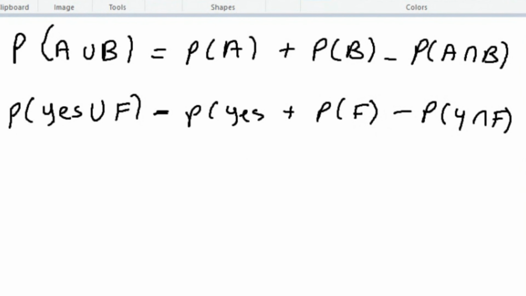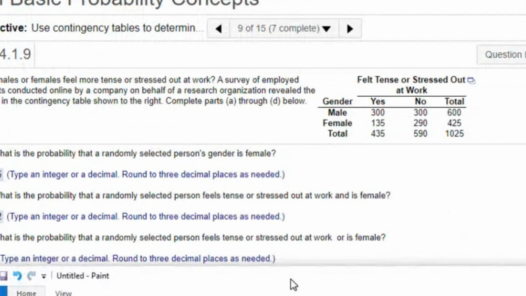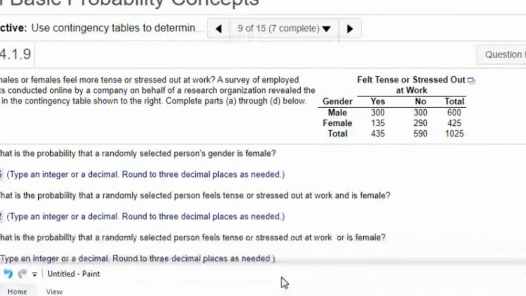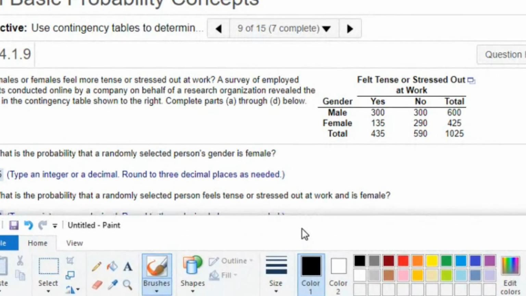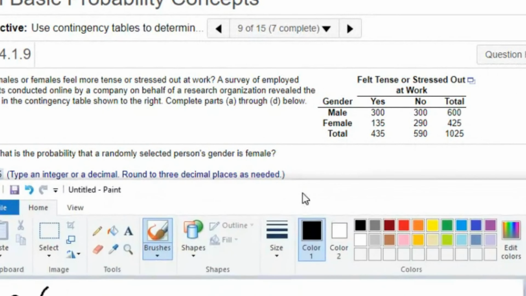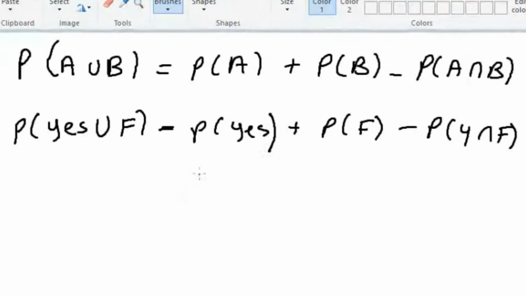So let's calculate the probability of yes stressed out. Did we calculate that already? No, so let's do that. There are 435 that said yes out of 1025. So 435 divided by 1025 is 0.424390. And what is the probability of a female?